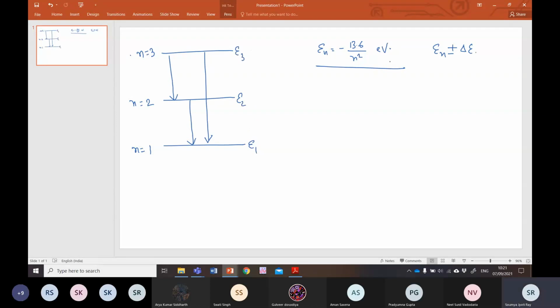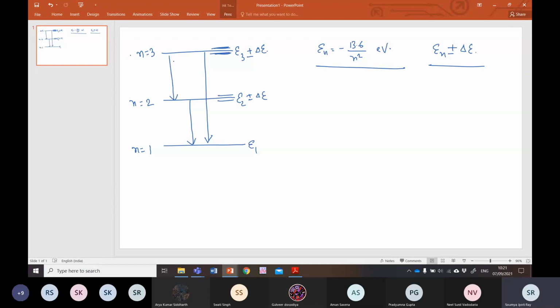Now what this fine structure or any kind of correction is doing is adding up some delta E, or here also some delta E. That means some broadening is being introduced because of this. So you can say there is some certain width being put into place here. Same is true for here.